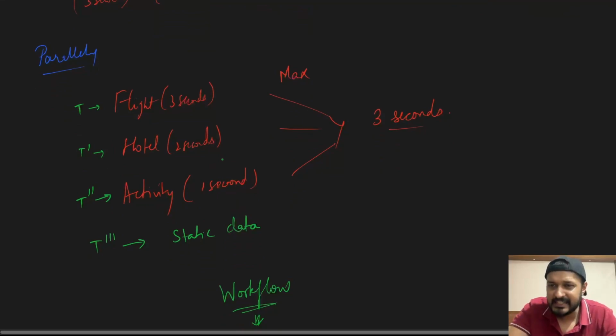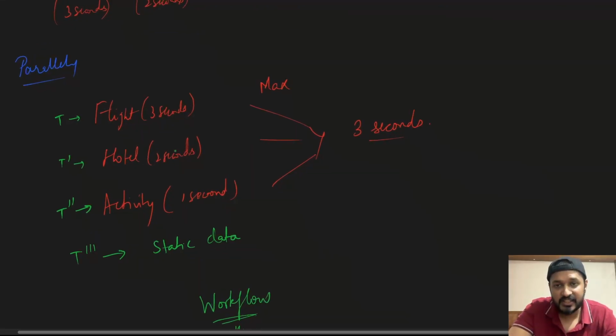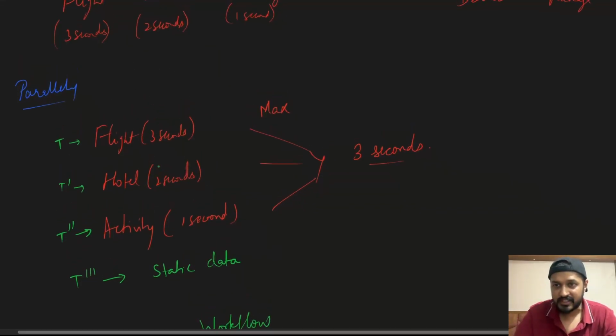Now a very delicate thing to notice here is, at the time when you are checking the response from these 3 services, suppose responses from 2 of them are ready, right? The response from hotel and activity is ready, but one of the services is still not ready with the response. Then you cannot move forward because you need the response from each of these 3 services to calculate the final package price.